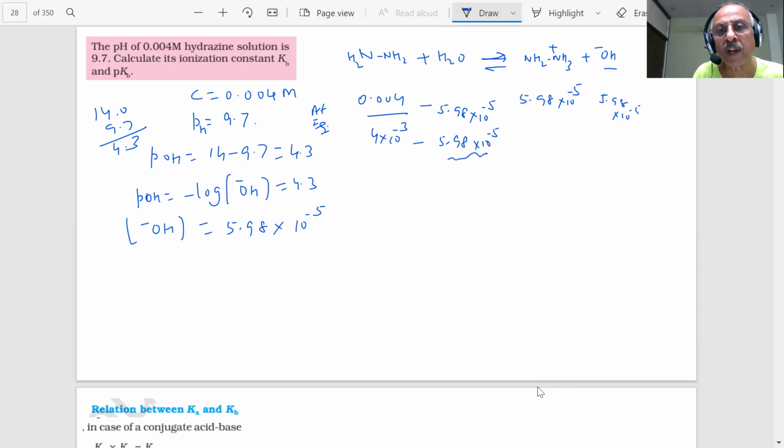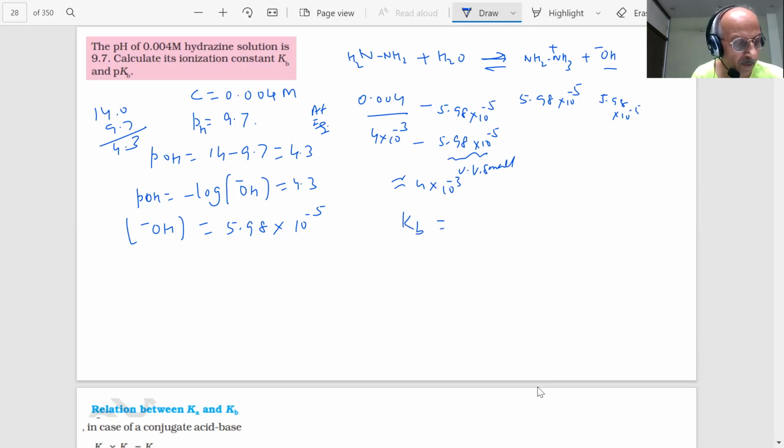But if this value is very, very small, and the dissociation is very small, then I may assume it to be approximately 4 into 10 minus 3. Clear? Then what will be the value of Kb, students?